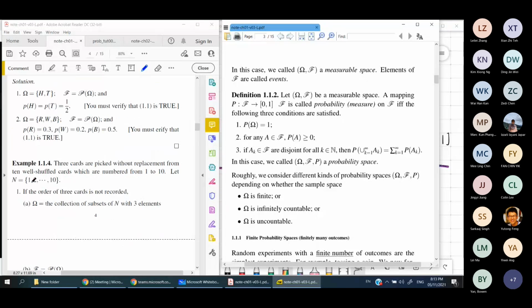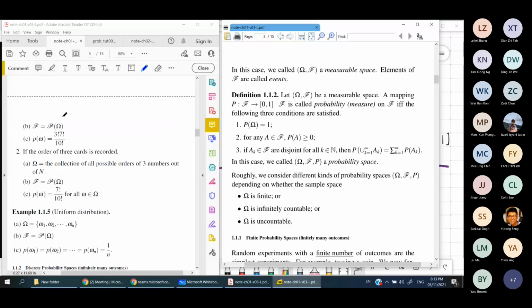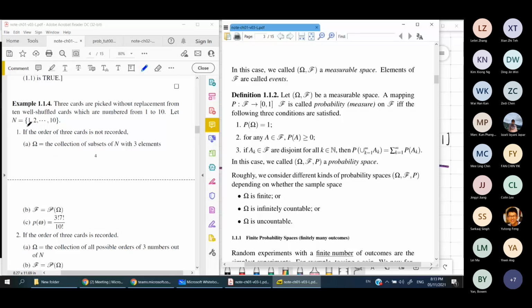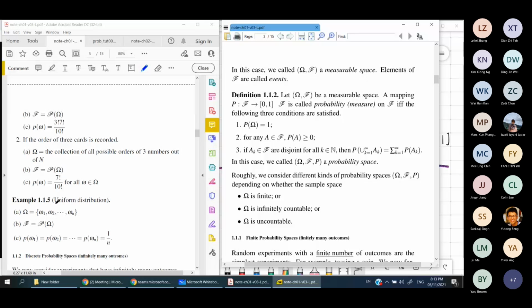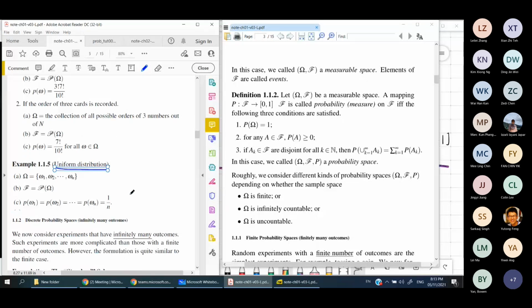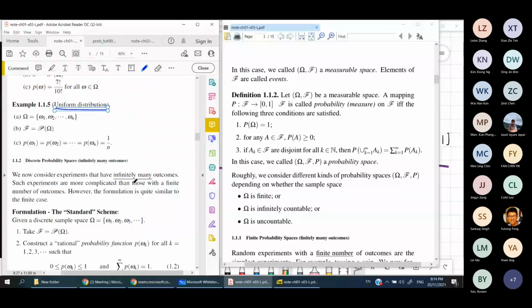Another example for the finite case we have discussed could be categorized as the uniform distribution. In general, for a finite sample space, this is the standard way to construct the probability space. Again, we have discussed this already. Next, proceed to this.